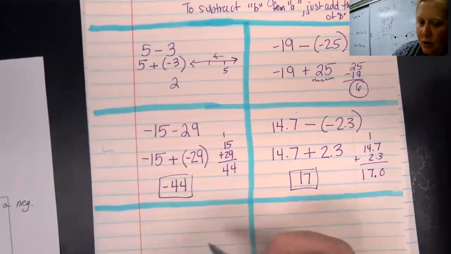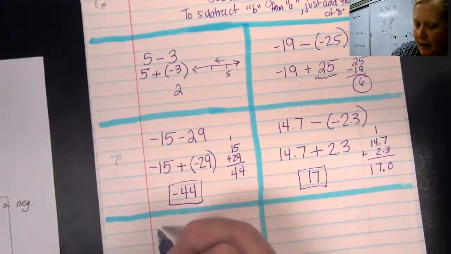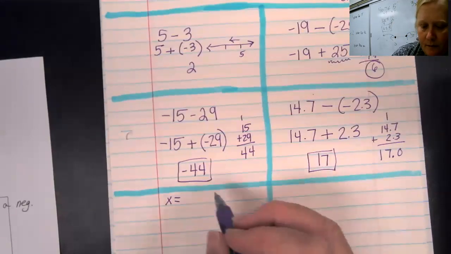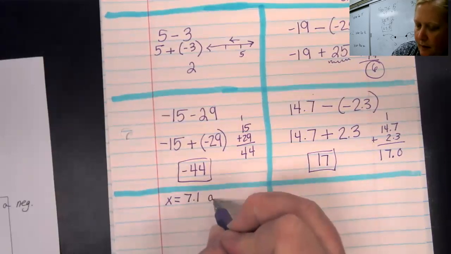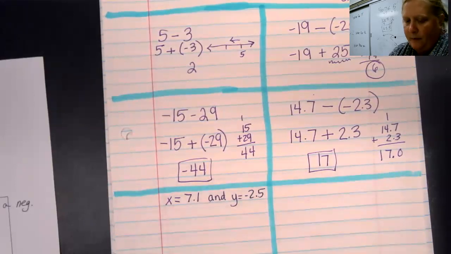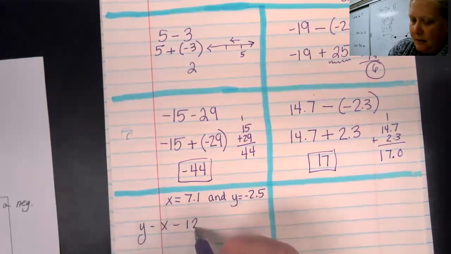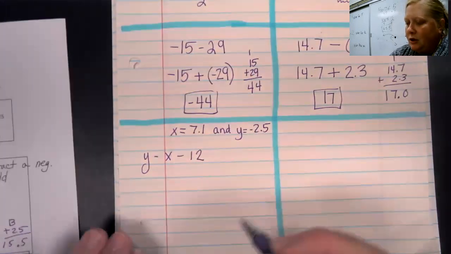Okay, let's try 2 evaluation pieces. Actually, let's do x is equal to 7.1 and y is equal to negative 2.5. And I want you to find y minus x minus 12. Okay, so this is a part where we would plug and chug.